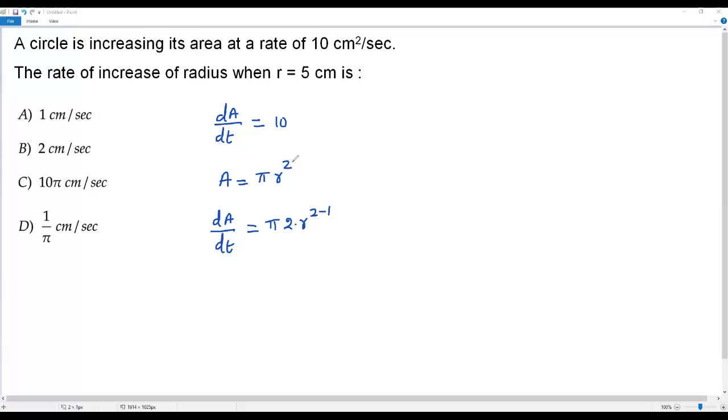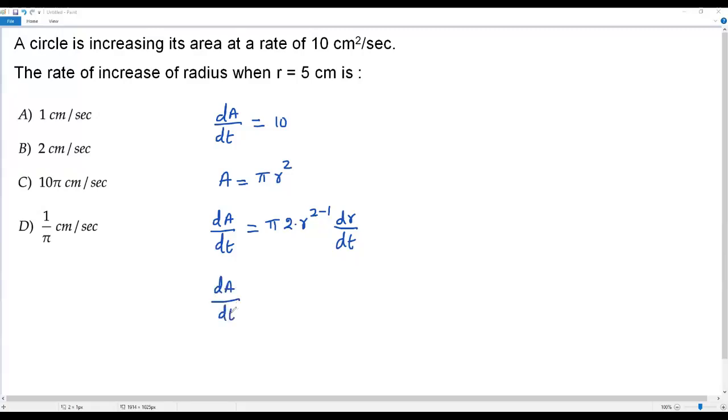So far I've done the derivative only for the exponent. By chain rule, I have to do the derivative of the base r with respect to t, which is dr over dt.